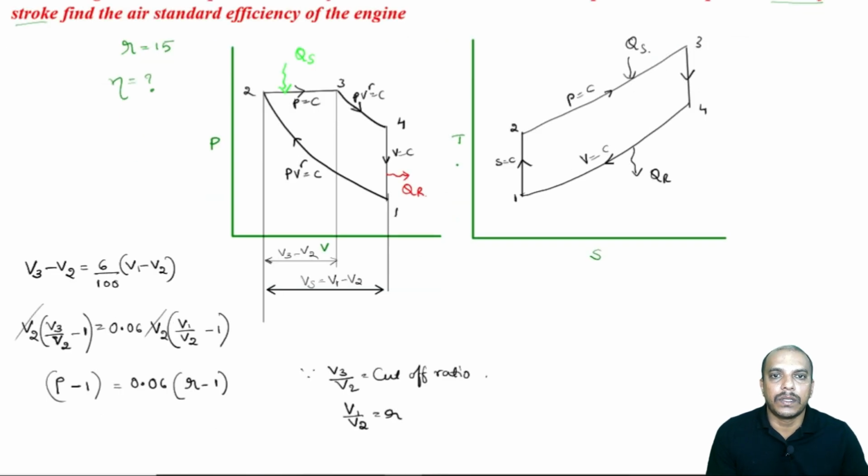Now, if you look at this equation, we have been given R is equal to 15. The only unknown is the cutoff ratio rho. So, 0.06 into 15 minus 1, and rho is the only unknown. I will find out the value of rho. So, let us solve this equation.